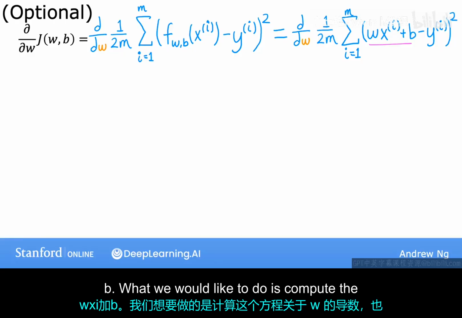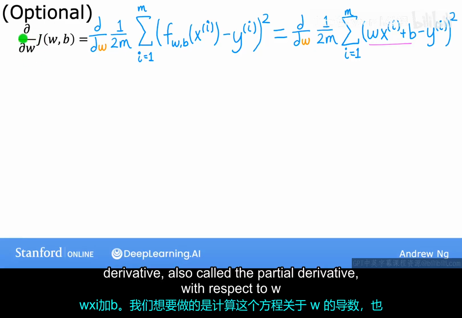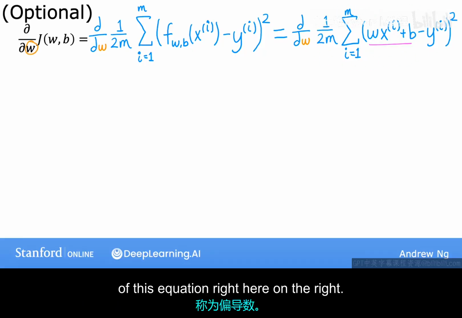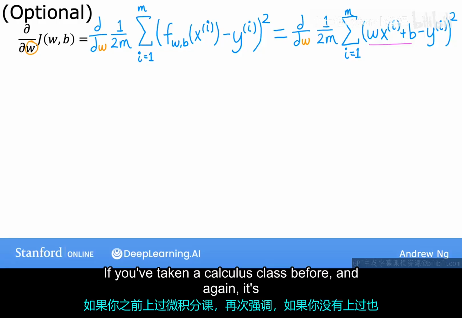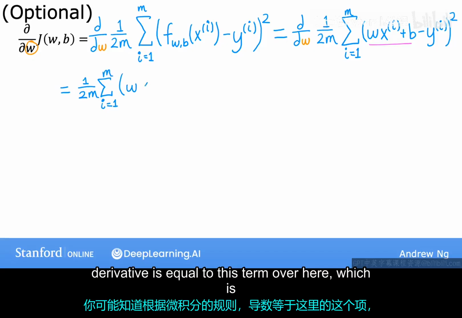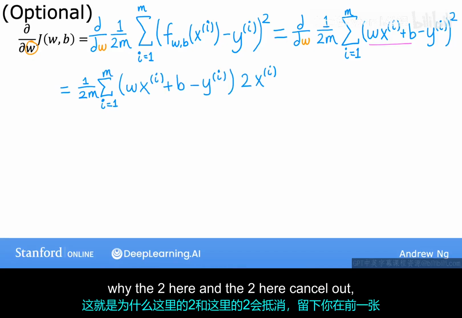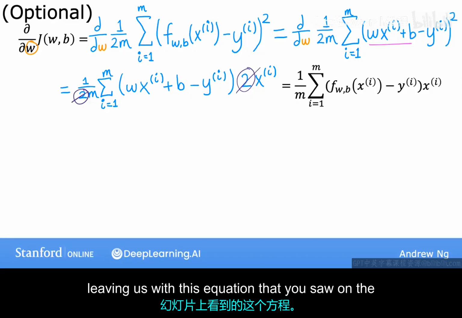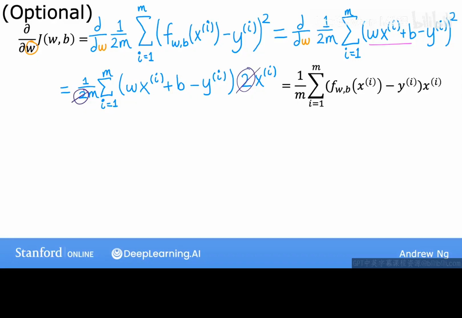And so what we would like to do is compute the derivative, also called the partial derivative, with respect to w of this equation right here on the right. If you've taken a calculus class before, and again, it's totally fine if you haven't, you may know that by the rules of calculus, the derivative is equal to this term over here, which is why the 2 here and the 2 here cancel out, leaving us with this equation that you saw on the previous slide.